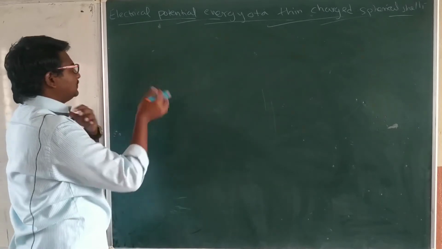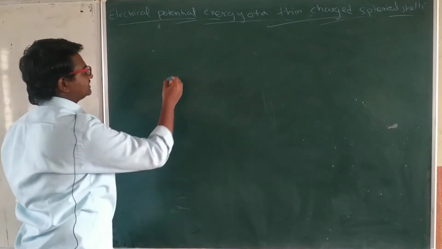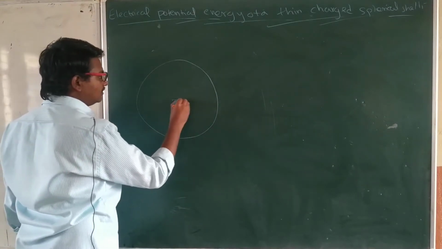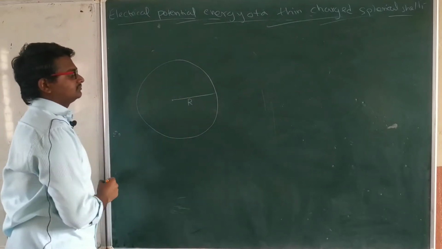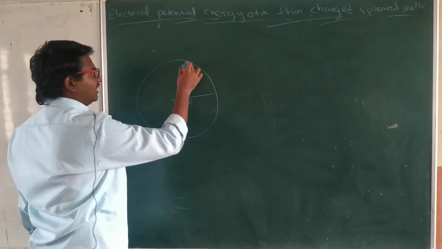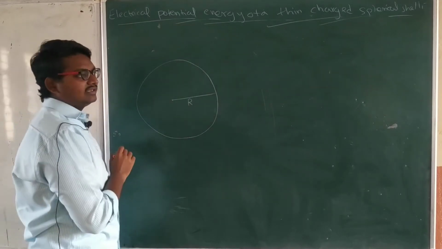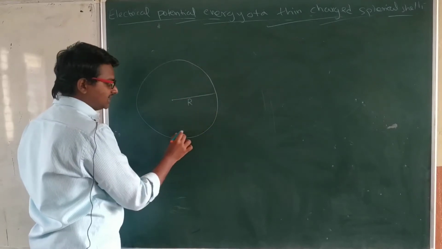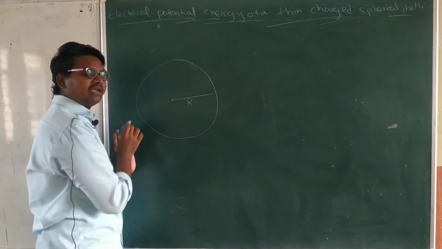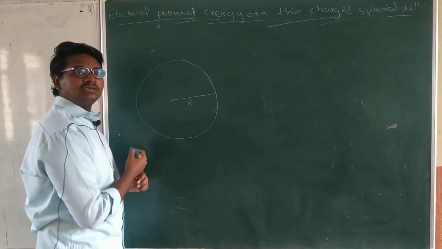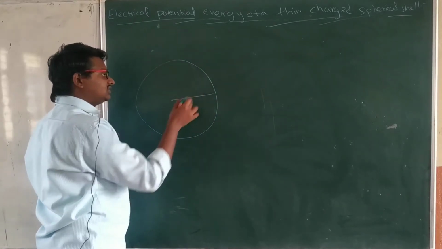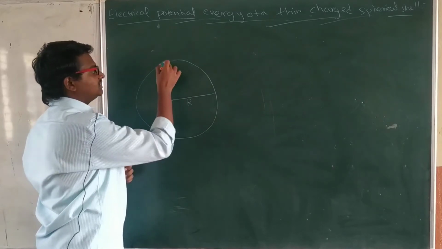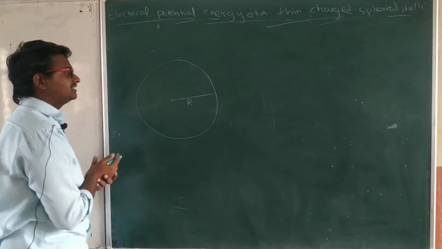For that purpose, let's consider a shell whose radius is R, and on the surface of this shell an infinite number of charges are placed equidistant from the center, and the distance is R only, for every point. That's why we call it a spherical shell.